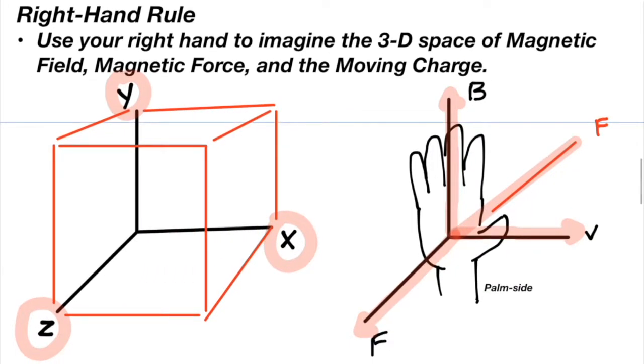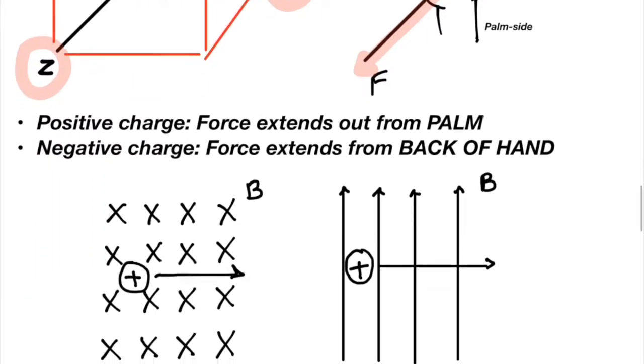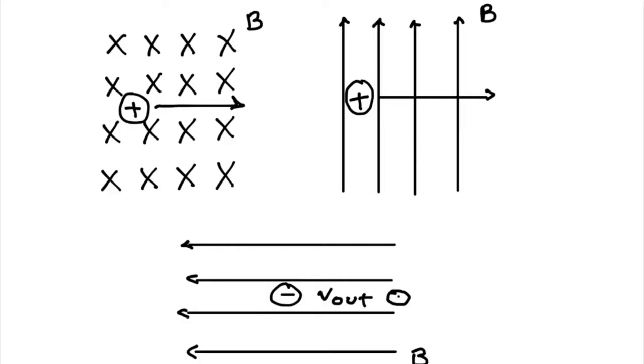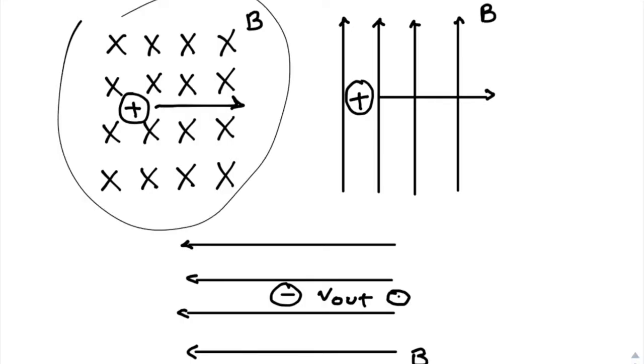So now we're going to provide a few problems where you can pause the video and solve for these. We're looking to identify what direction the magnetic force will be going. So in this first problem here, the magnetic field is into the page, and the charged particle is positively charged, and it's moving to the right.